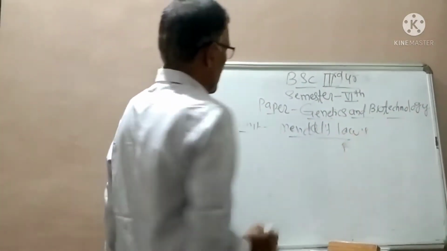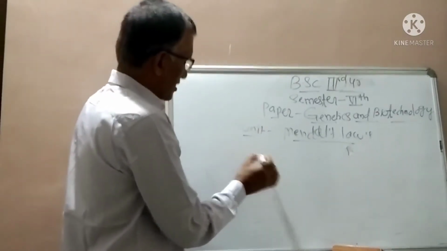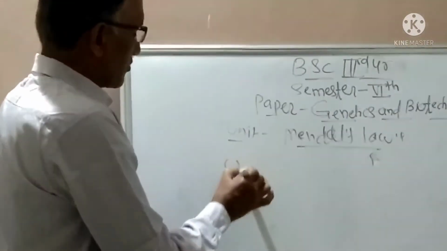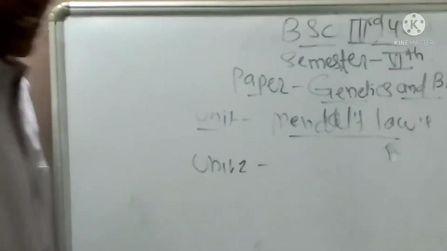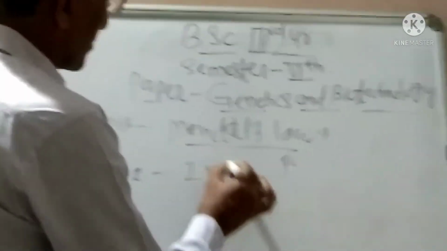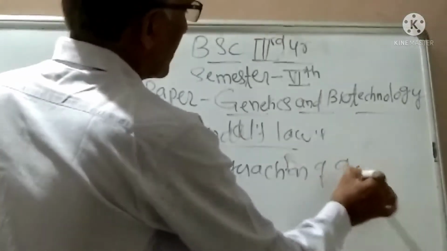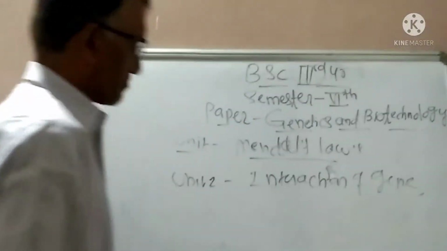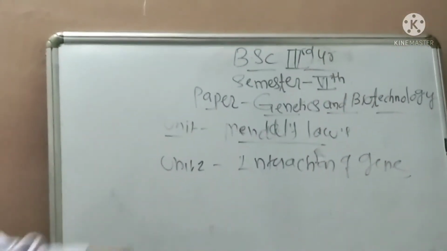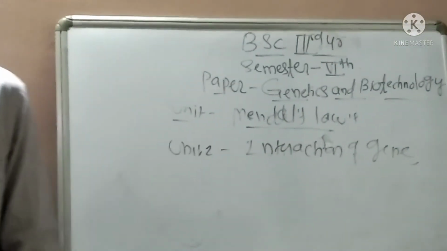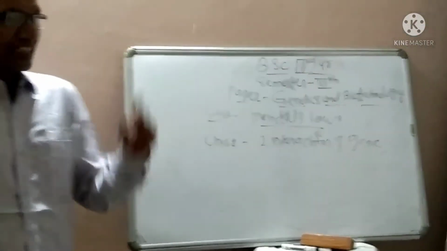Another aspect mentioned in unit number 2 is interaction of gene. It is a very big chapter. Many things are included in it.